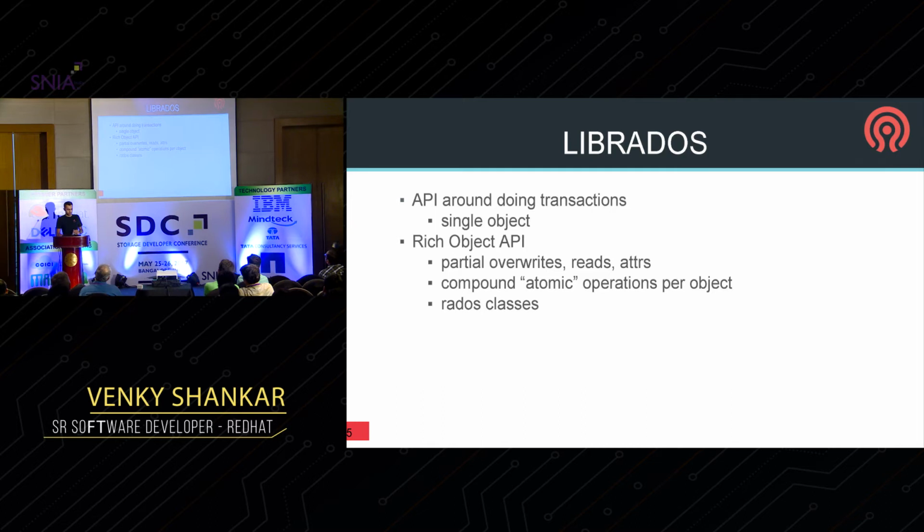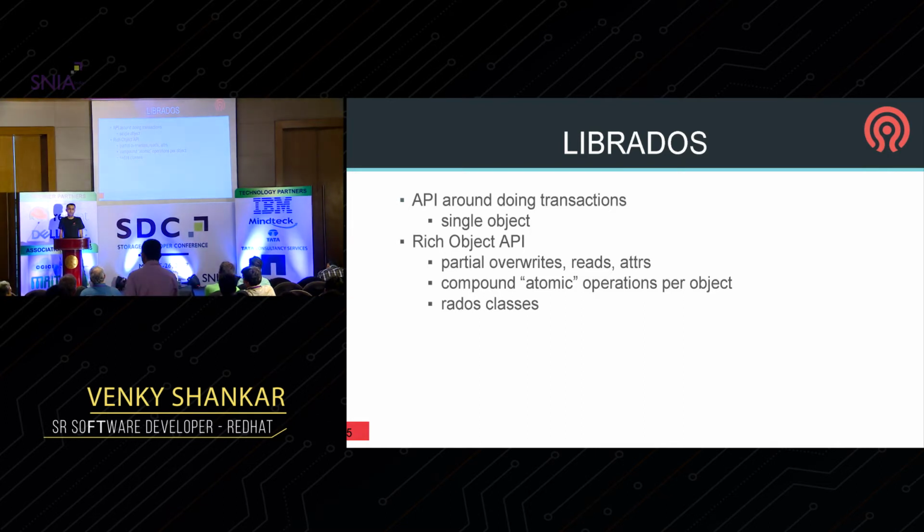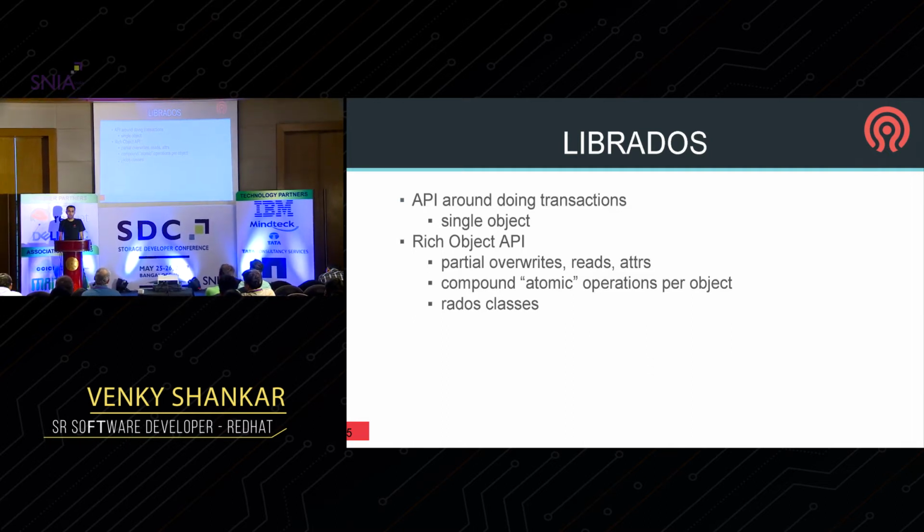So a bit about LibRados. LibRados provides an API for doing transactions around a single object. I say single object because that's what we normally do in Ceph. There have been contributions in the form of patches to do a transaction on multiple objects, but since objects are randomly distributed across a cluster, doing transactions for multiple objects is hard, so I didn't mention it here, but that work is still ongoing.